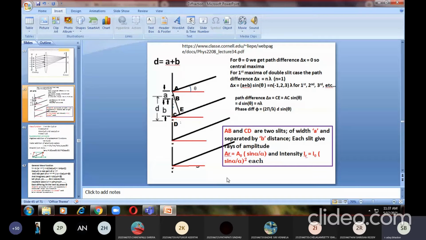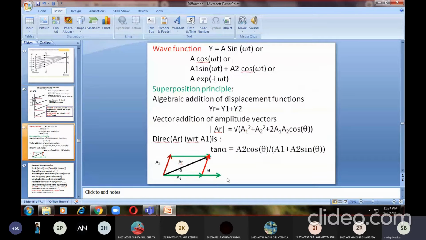But how many slits do you have? You have N slits. When you have N slits, the total amplitude should be added vectorially, or the displacement should be added algebraically. In the previous discussion, we took amplitudes and added them vectorially. Now in this discussion, I'm taking displacements and adding them algebraically.